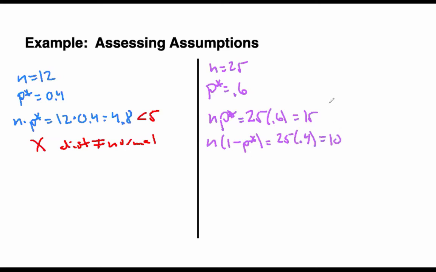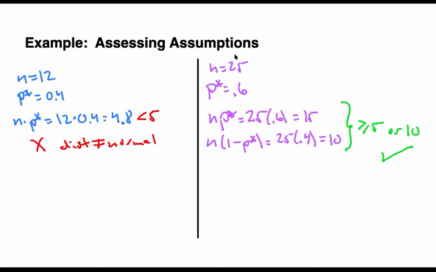Regardless of which criteria we use, this meets the criteria. Both of these are greater than or equal to 5, and in fact, they're greater than or equal to 10. So we're okay. This essentially says that it probably is okay to use as a normal distribution.